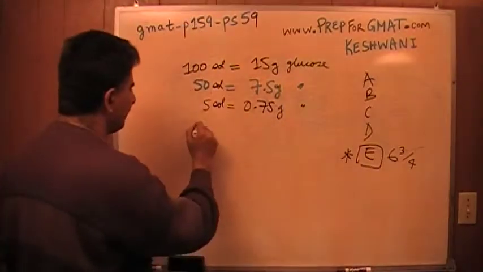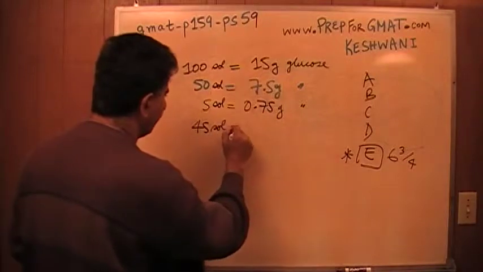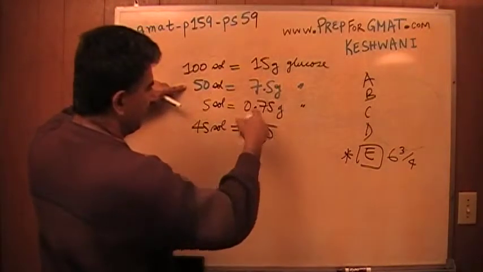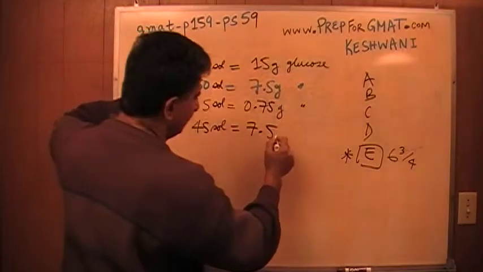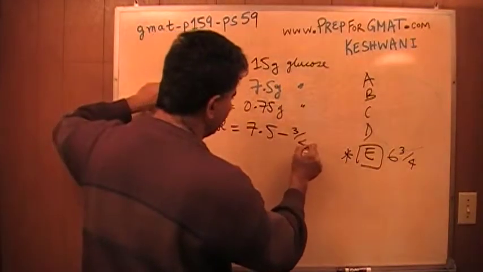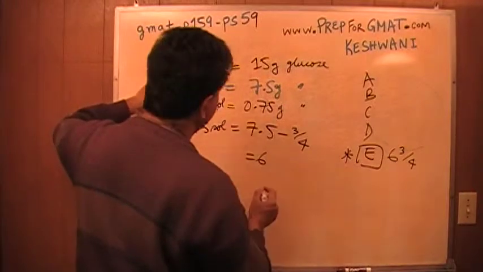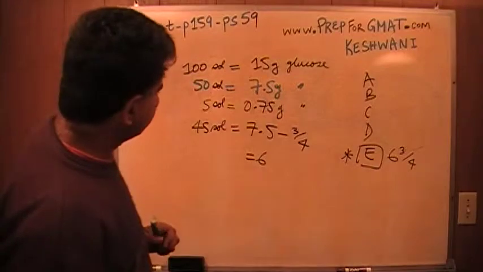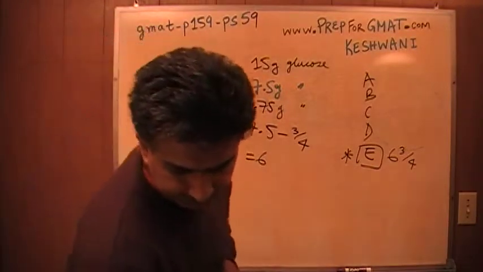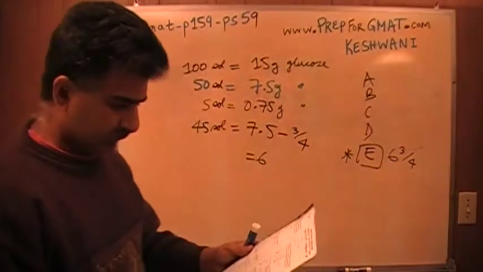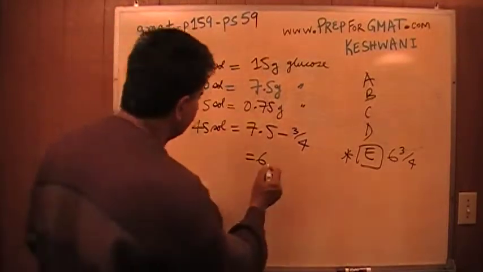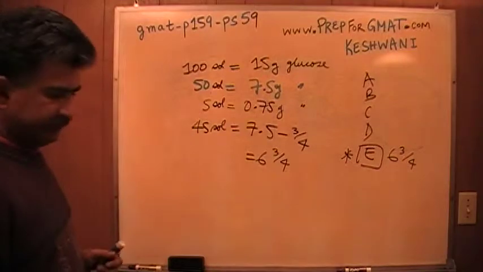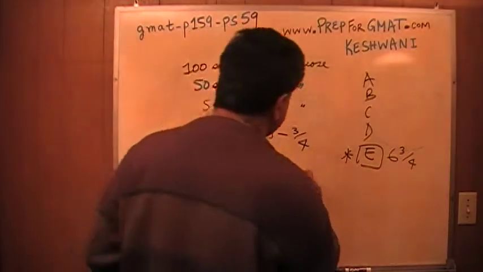Since I'm looking for 45, 45 has got to be the 7.5 that I found there, minus that. 7.5 minus 3/4 should give me 6 3/4, which is what this is.